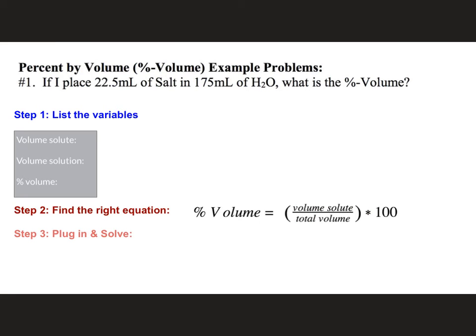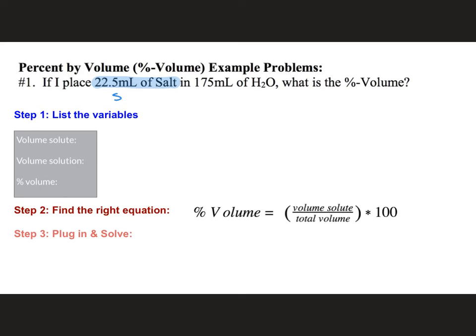And let's do our last problem together here. This is at the bottom third of your calculation practice worksheet, and this is for your percent by volume, question number 1 under there. So the question states, if I place 22.5 milliliters of salt and 175 milliliters of water, what is the percent volume? So first thing I want to do is go through here and identify my variables.